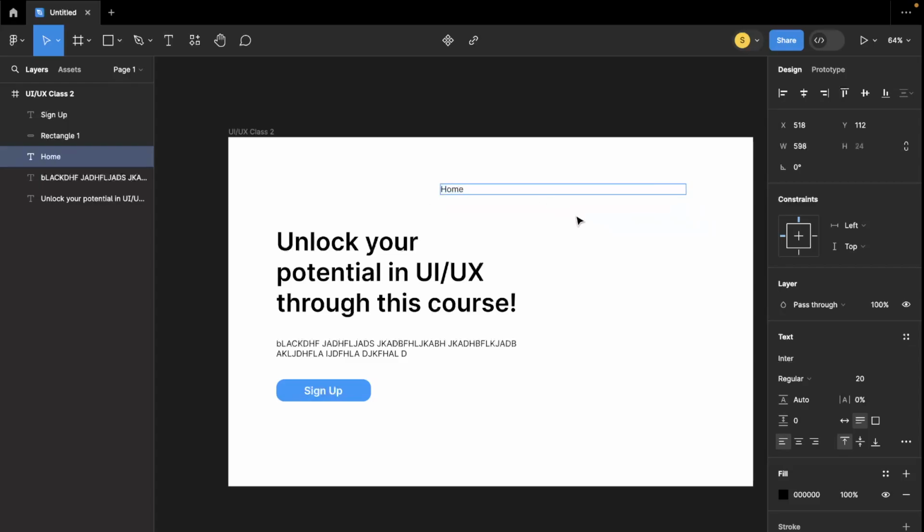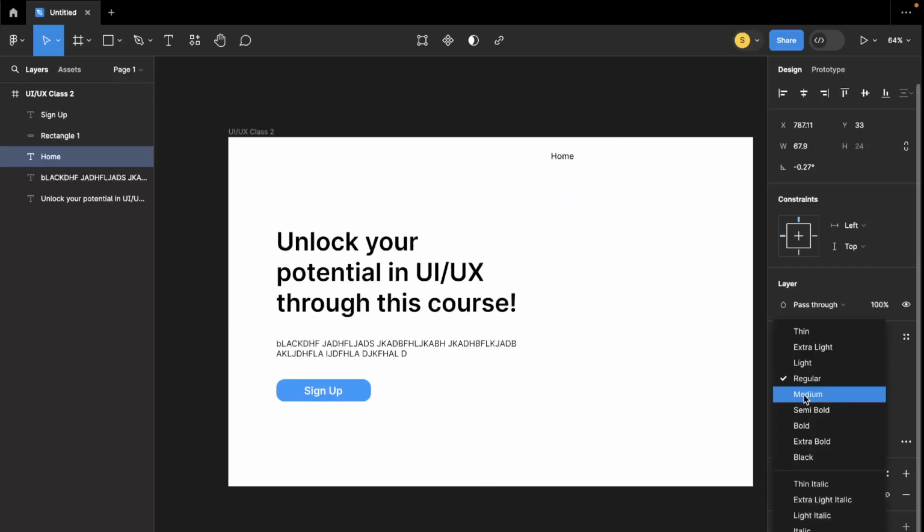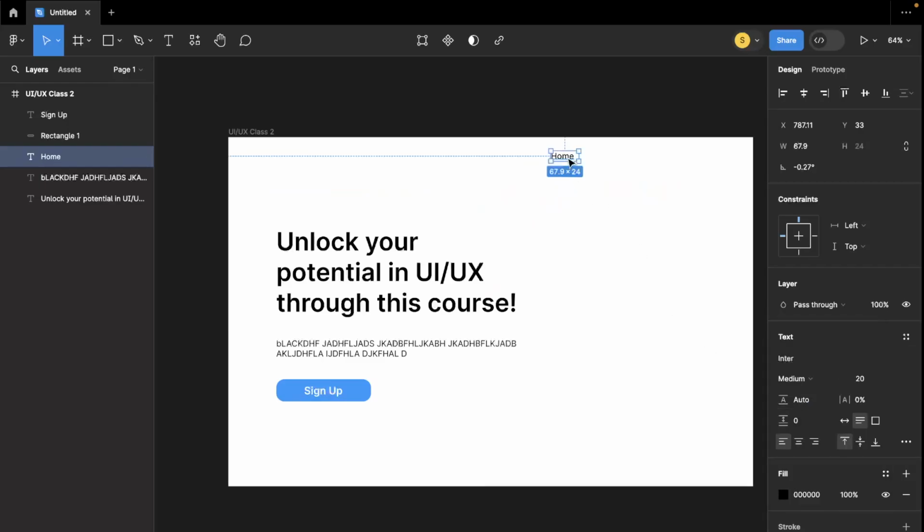I'll say home. I'm going to reduce the size of this. I'll change it to medium. This will be home. Control plus V. This will be contact, and then I would say about.